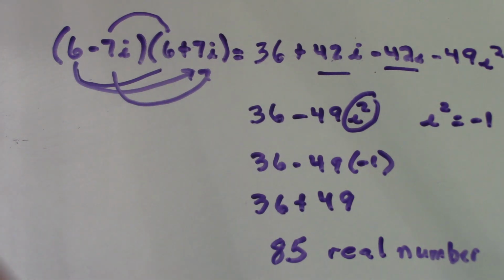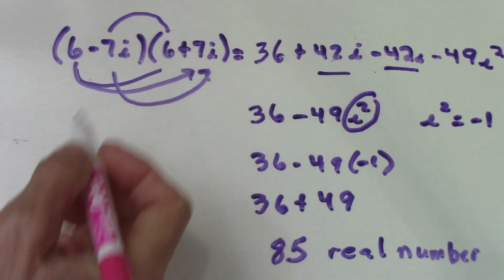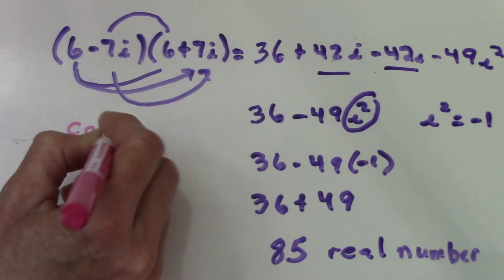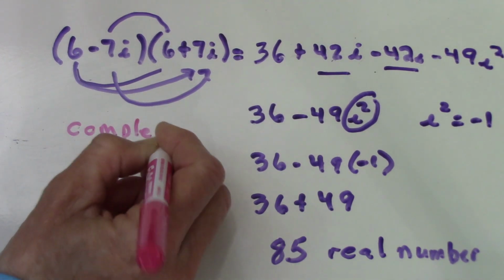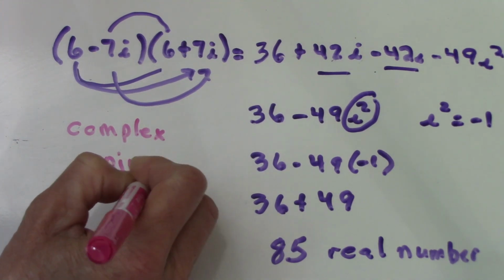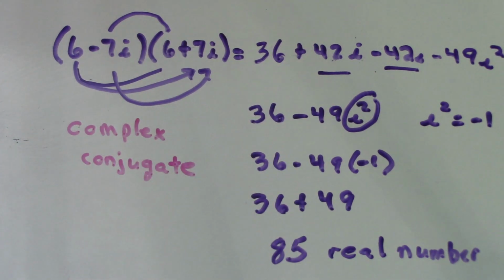When they're exactly the same except the imaginary part is positive in one and negative in the other, we call these the complex conjugate. We get a complex conjugate when the real part stays the same and the imaginary part, one's positive and one's negative, but they have the same value. And when we multiply them together, we get a real number.